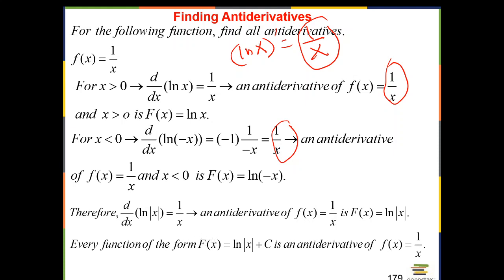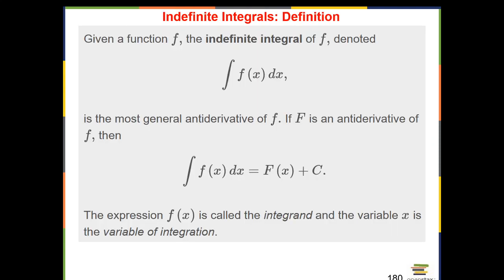So what is the antiderivative of 1 over x dx? It is ln of the absolute value of x plus c, right? All right. Again, you can stop the video and make sure you have this under control. But we're going to get to formulas very soon.